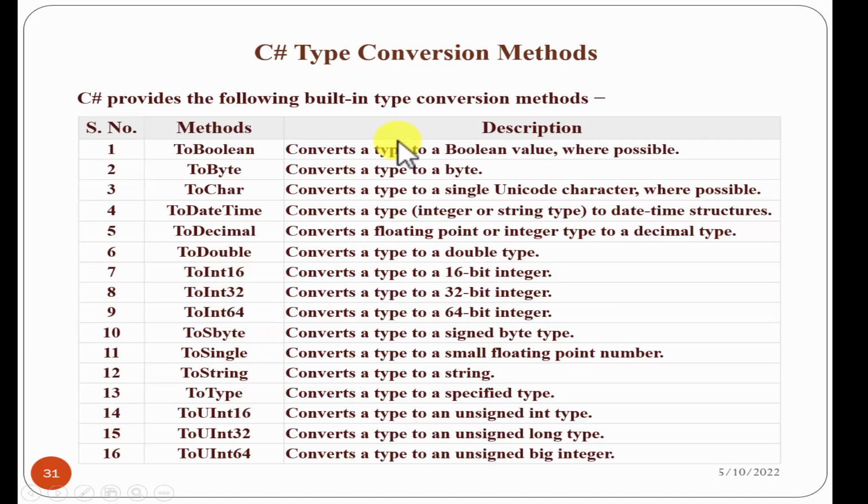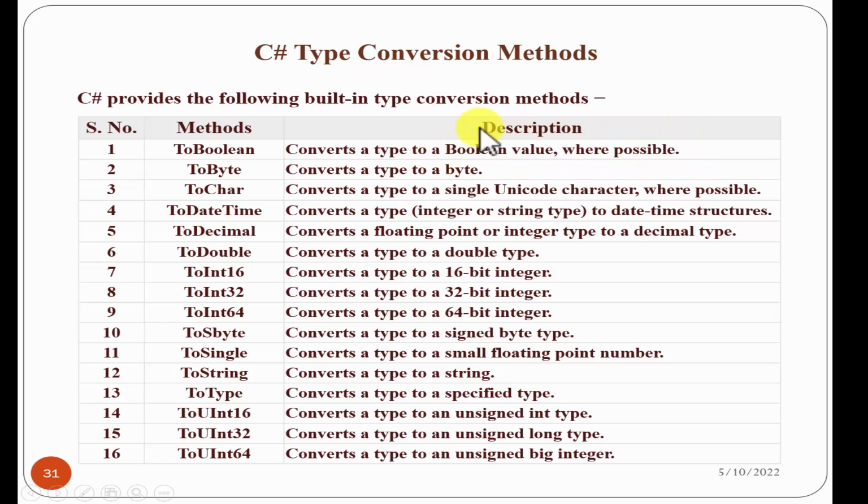Come to the next. In C# we have built-in type conversions. We have a Convert class, and this Convert class has these methods. All these methods are used to convert from type to type. The first method, ToBoolean, converts a type to a boolean value where possible.